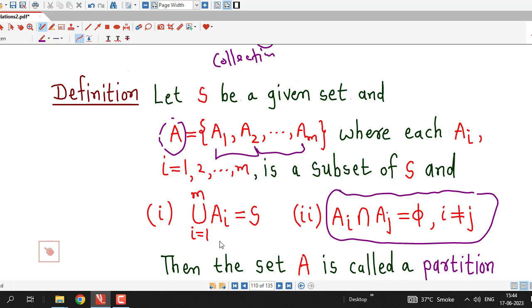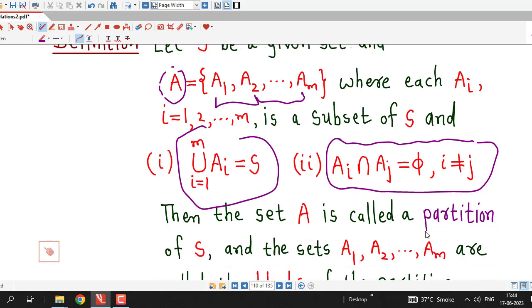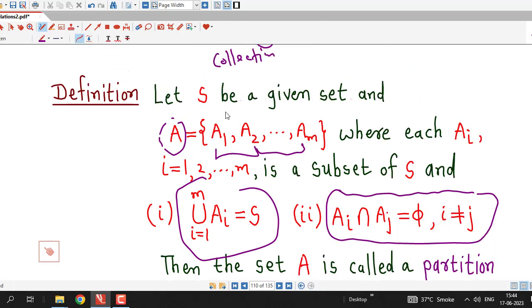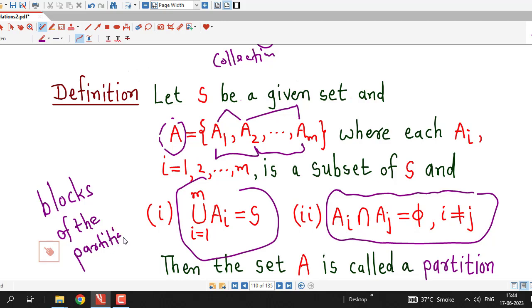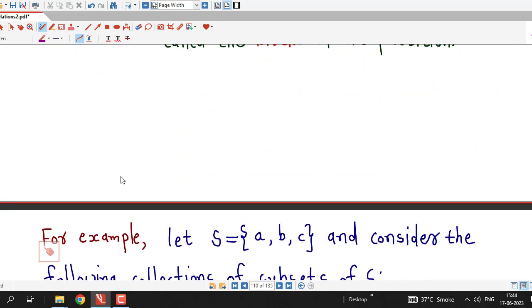If this extra condition is satisfied together with the earlier condition, then the set A is called a partition of a given set S, and whenever we have a partition, these members A1, A2 up to Am are called blocks of the partition. The members of the partition are known as blocks of the partition.